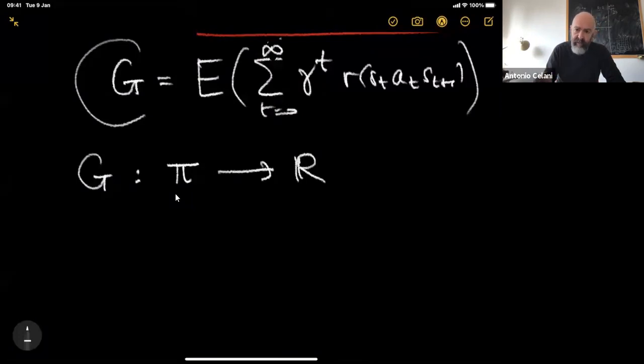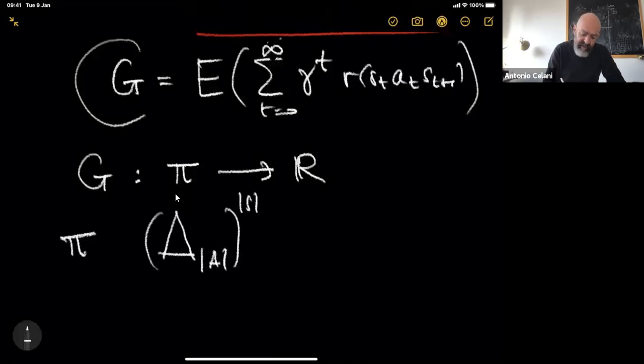There is one probability distribution over actions for each state. So what this object here is, in fact, is the simplex, delta. I will explain what it is in a second, over actions, and there are capital S copies of it. So this is the space where policies live. Policies belong to this set.